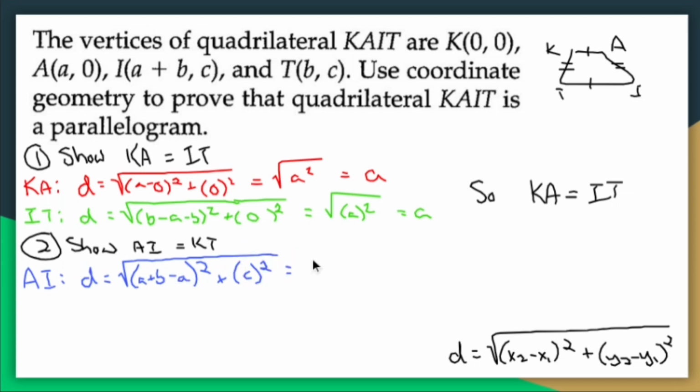A minus a cancel out, and that gives me just b squared plus c squared. Now let's not try to simplify that, because my goal is to make sure that KT is the same thing. So who cares if it's simplified? Who cares? KT, that distance, big square root.